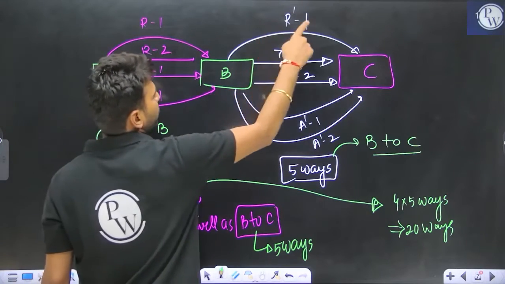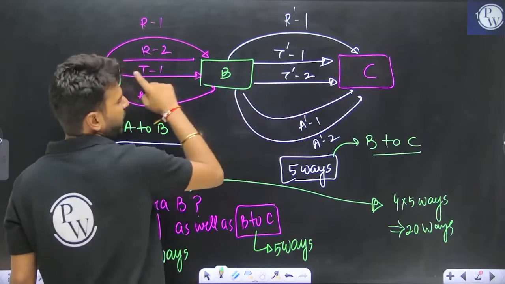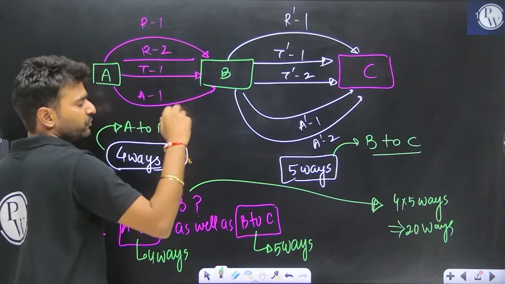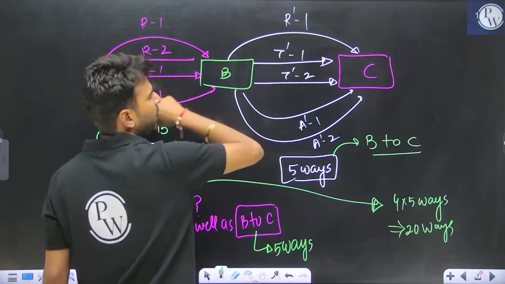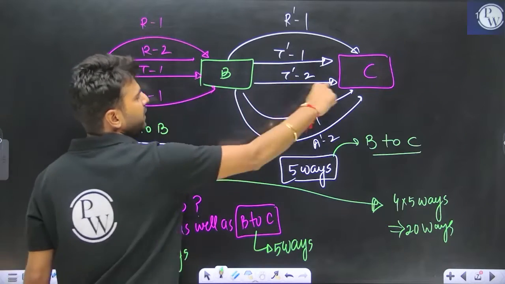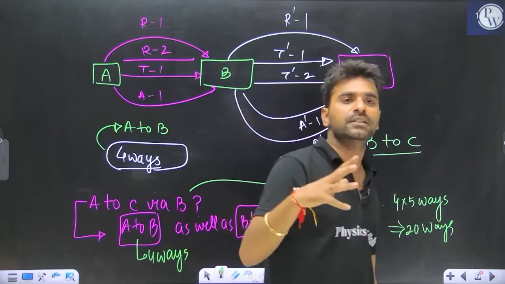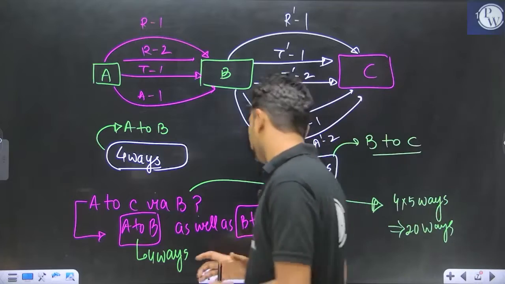Train 1, R-1, train 1, T-1, train 1, T-2, train 1, A-1, train 1, A-2. These are 5 ways, 15 so far, and similarly 5 from here. Air 1, R-1, air 1, T-1, air 1, T-2, air 1, A-1, air 1, A-2. Right. So these are the total ways which you have just got. I hope you guys are clear with this.